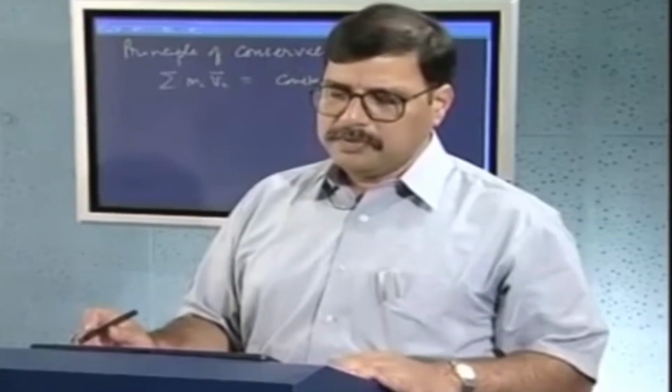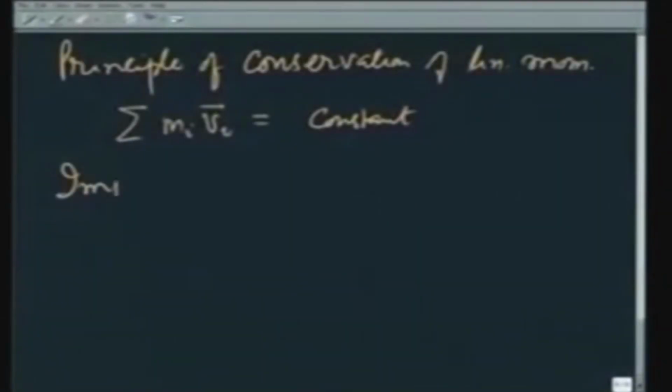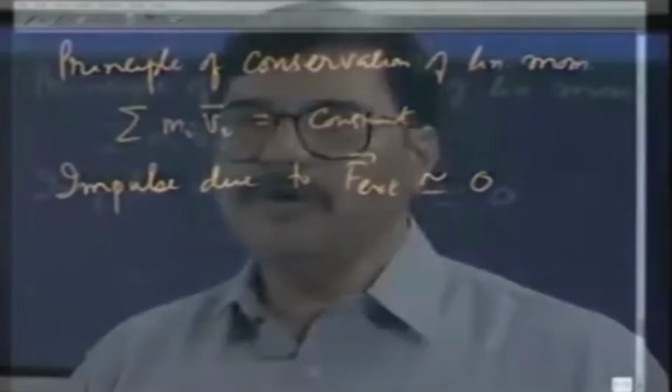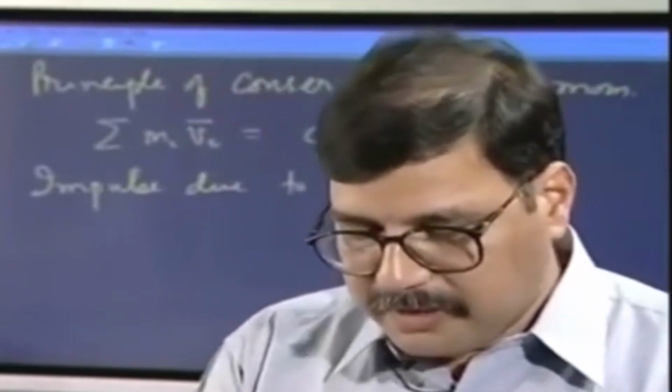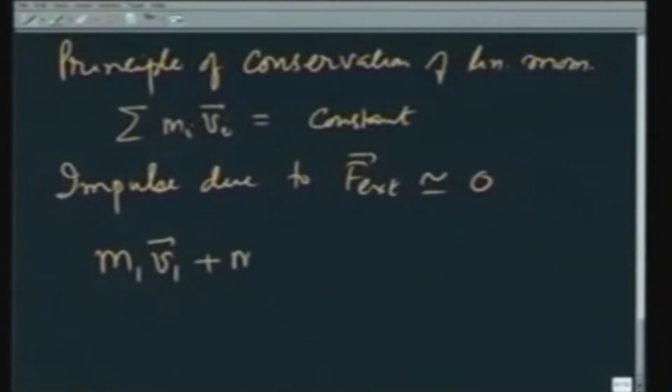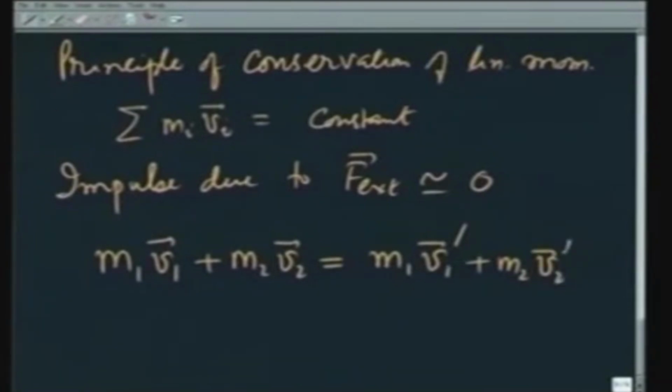So we assume that the impulse due to F external is essentially 0, and therefore the only force that acts during that interaction time is that of the particles applying on each other, and therefore I am going to have m1 v1 plus m2 v2 equal to m1 v1 prime plus m2 v2 prime.